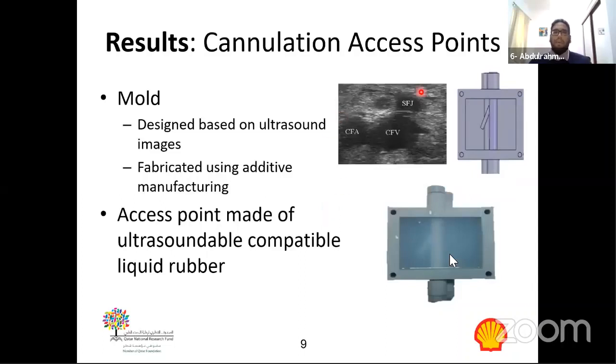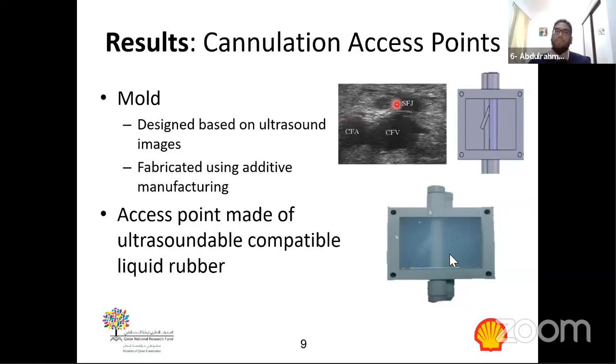The cannulation access points are a focal point in our project, because cannulation is our topic, and the insertion of the cannula is the most sophisticated procedure of cannulation. First, we made a mold for the access point, designed based on an ultrasound image of the femoral area, to emulate where the cannulation happens, usually the femoral and the jugular.